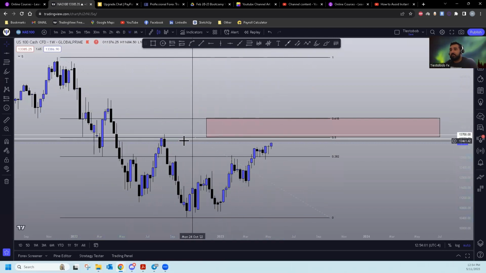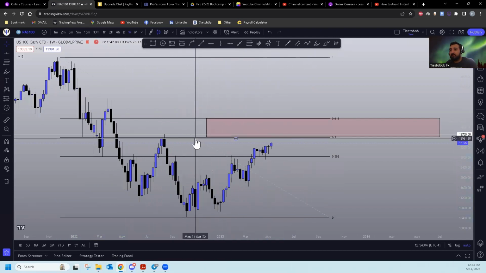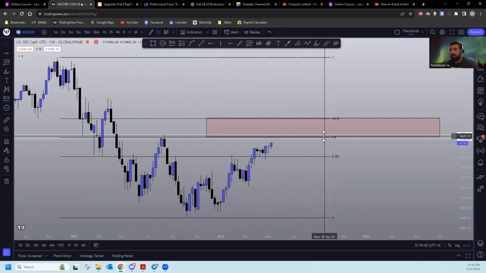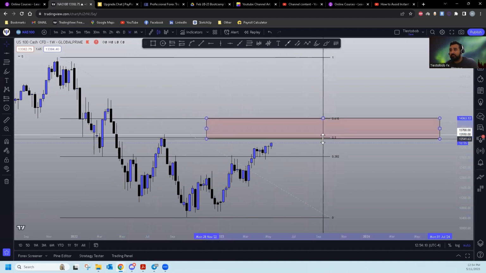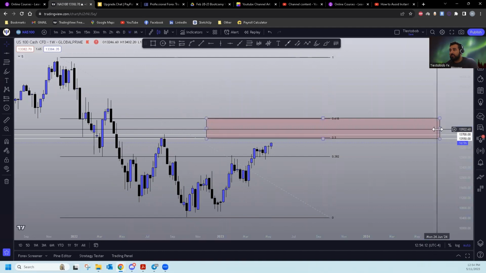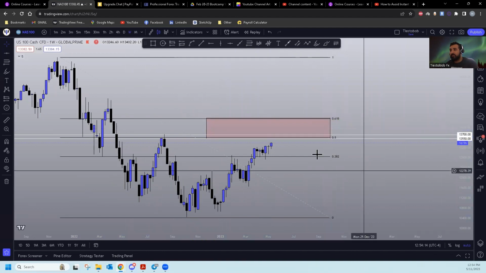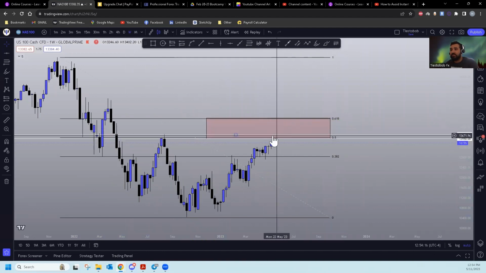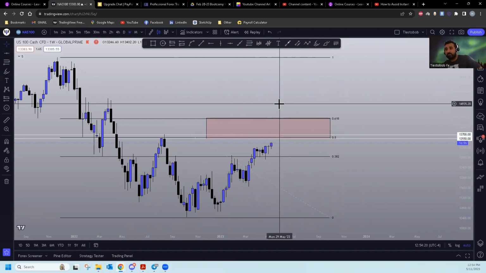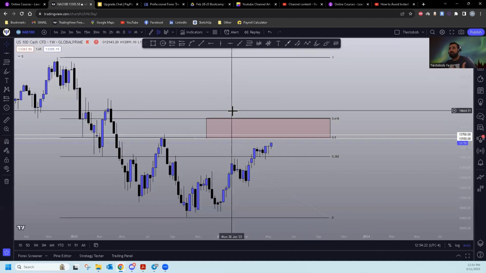So if you look here, there's another confluence that price is going to test this area right here. So we're looking for some sort of rejection in this area. There's no guarantees. It could break right through this. We don't know that. That's why we always wait for confirmation.